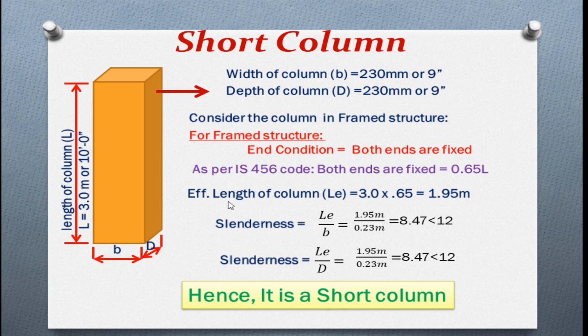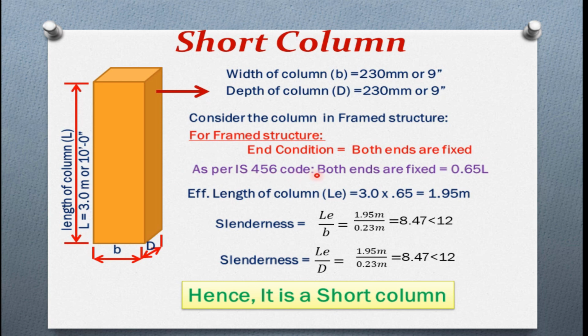So what is the slenderness ratio formula? It is the effective length of the column divided by the least lateral dimension. How do we calculate the effective length of the column? The effective length of the column is the clear length of the column multiplied by the end condition factor. For a framed structure, both ends are fixed.